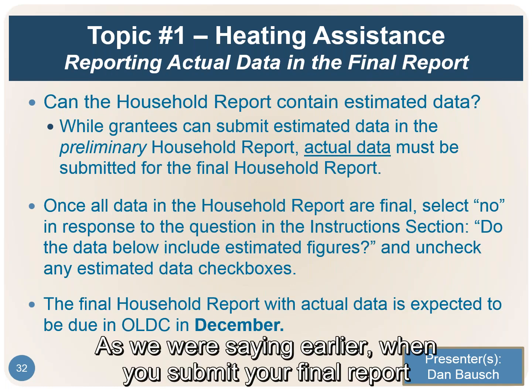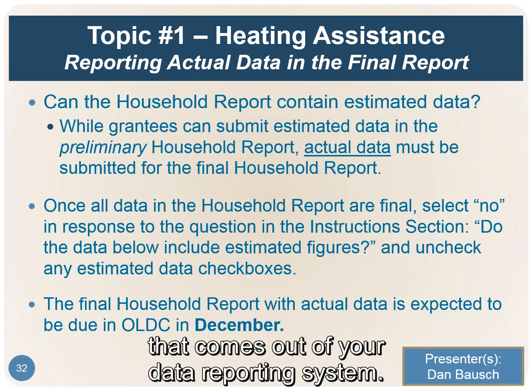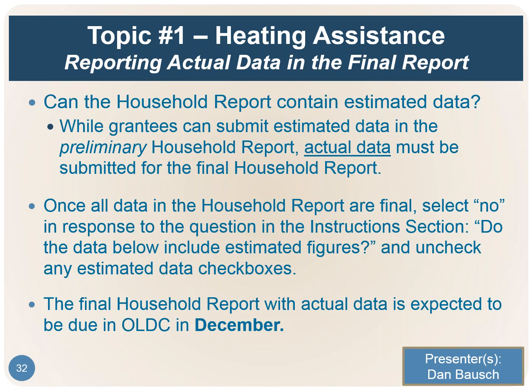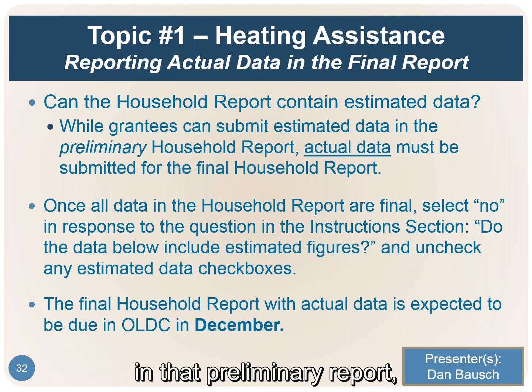Okay, as we were saying earlier, when you submit your final report, it's expected that you'll be submitting actual data that comes out of your data reporting system. So you're allowed to submit estimated data in that preliminary report.